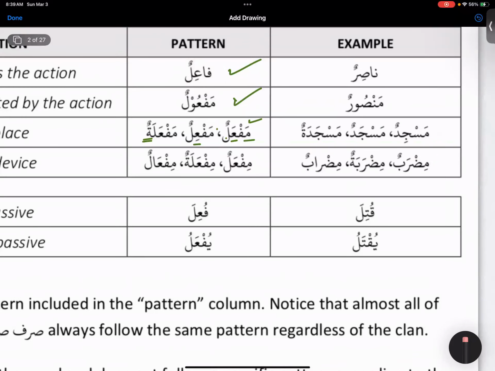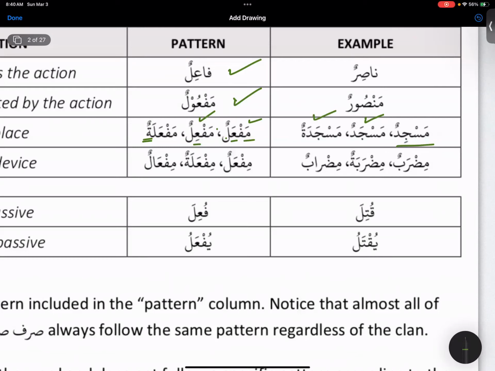If I ask you what is the pattern, or actually what is the wazan of masjidun? Your answer should be maf'ilun, right? So we have maf'ilun and then maf'ala, maf'alun and then maf'alatun.